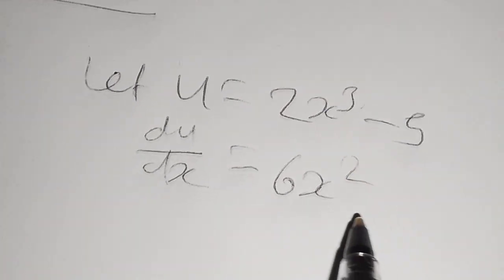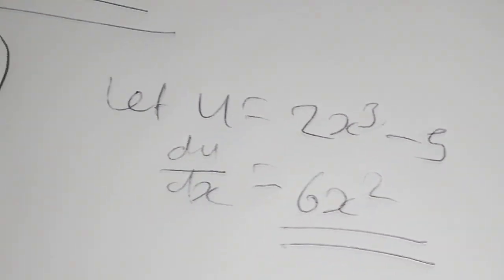So we are going to say let u equal 2x cubed minus 5. Then du over dx will be, if we differentiate this function, 3 times 2, 6x squared. That's all.